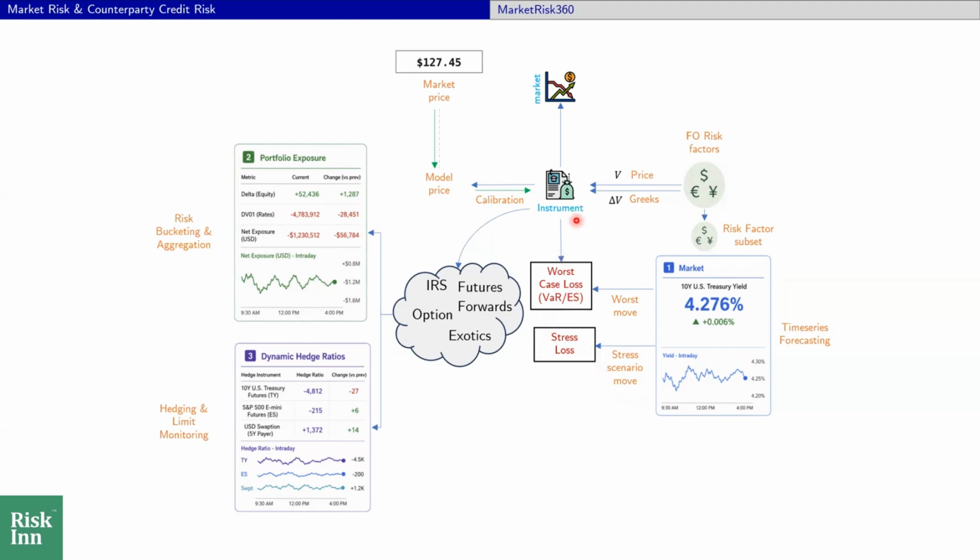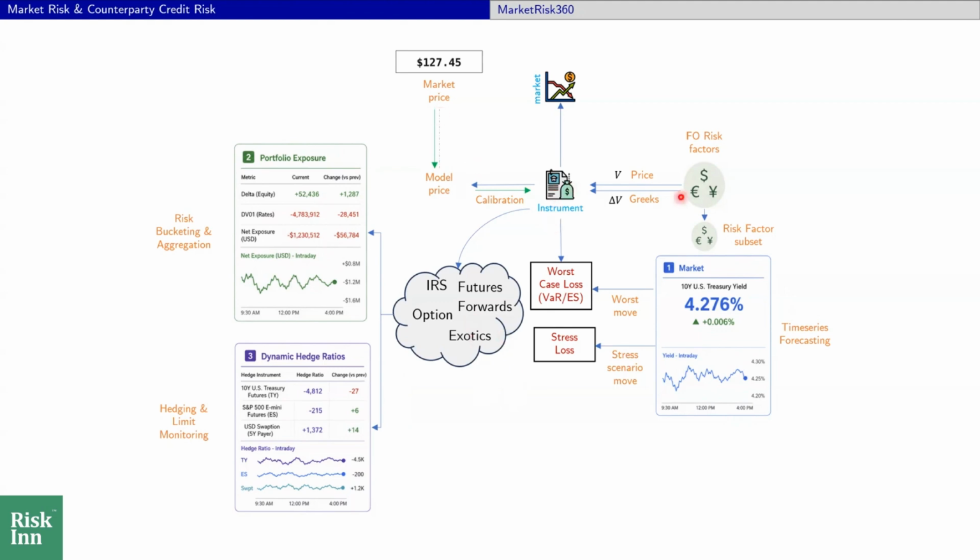Okay, so one more thing. Here I'm talking about one instrument. Ultimately, we'll have a portfolio. A portfolio is a collection of instruments. So you can imagine how many different types of instruments would be there, right? We have interest rate swaps, futures, forwards, options, all kinds of exotics under different asset classes: equity, FX, interest rate, commodity, right?